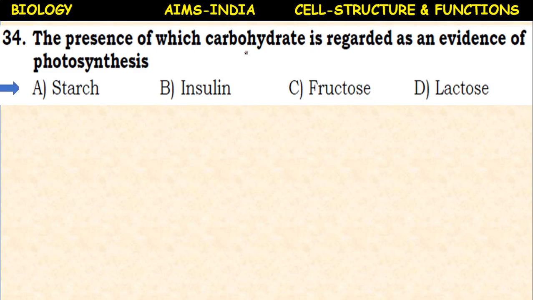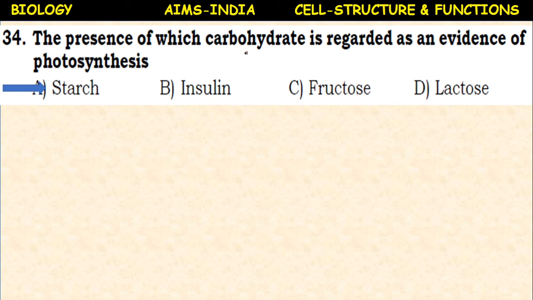Next, the presence of which carbohydrate is regarded as an evidence of photosynthesis? The confirmation test. In 7th class also you have studied. Which of the materials is the end product of photosynthesis? Starch, insulin, fructose, lactose. So, starch.